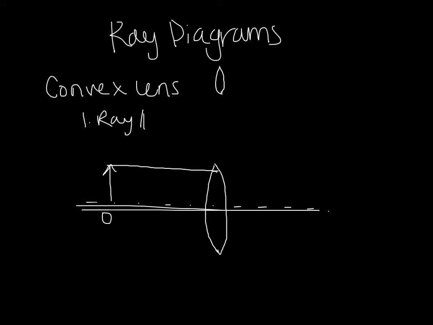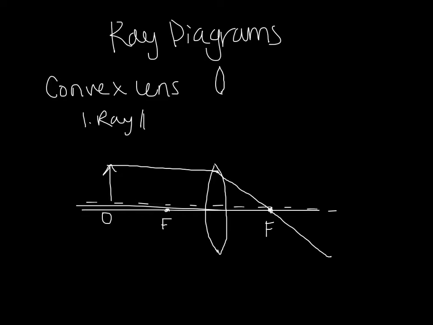It will come out at an angle such that it will travel through the focal point on the opposite side of the lens. So that means that this right here has to be our focal point. And on the same distance on the other side is another focal point.